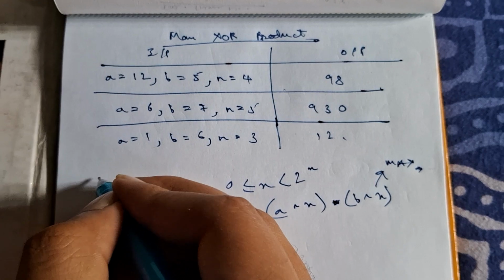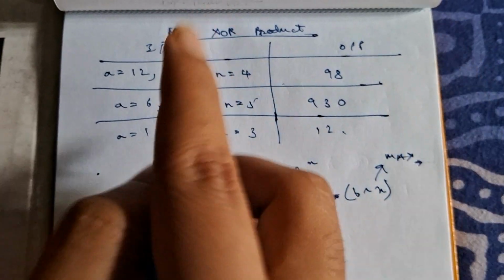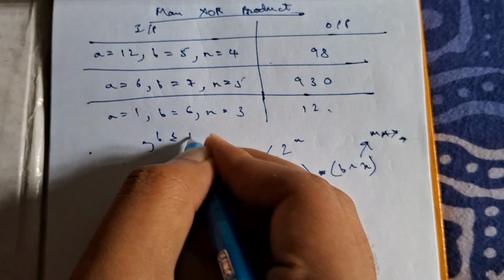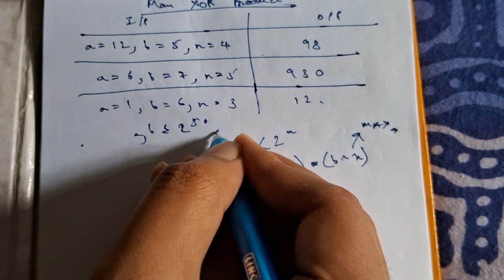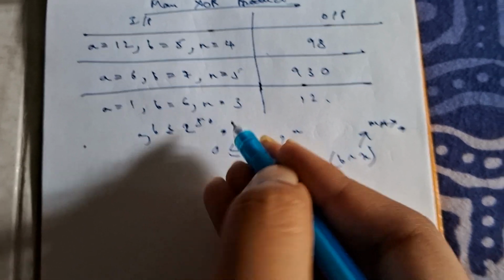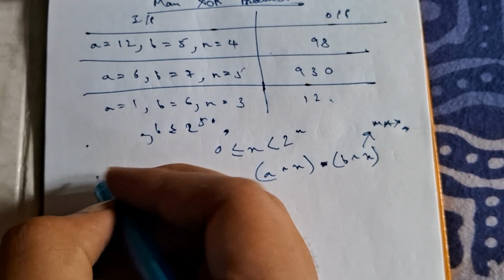Remember one thing, that it is given that A and B are always less than or equal to 2 to the power 50 or something like that. I think this was a constant. So for our safety you can run till 51 because I don't know the constant actually.